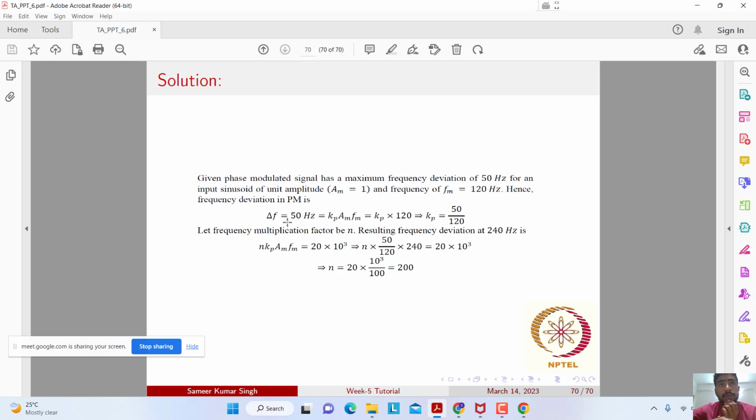We have a frequency deviation of 50 Hz, so from there we can calculate Kp, that is 50 by 120. Let the frequency multiplication factor be n. The resulting frequency deviation is 24 kilohertz, 240 hertz. Put the values, solve this and we will get n, that is 200.